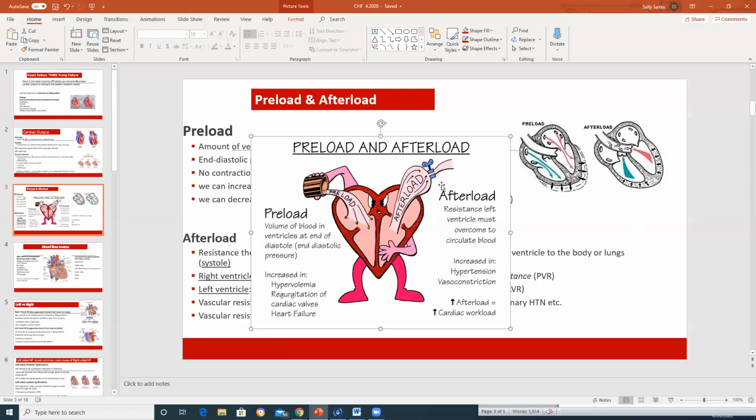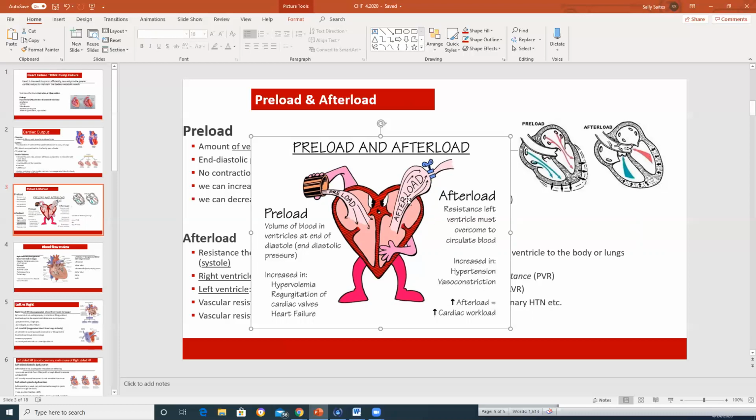However, if the ventricle is fine, it's pumping, this isn't a pump problem, but there's something blocking its way, there could be extra fluid, there could be a backup of blood, there could be some vasoconstriction going on, then the pressure that the ventricle has to use to push the blood through that narrowed opening is increased, and that is the afterload.